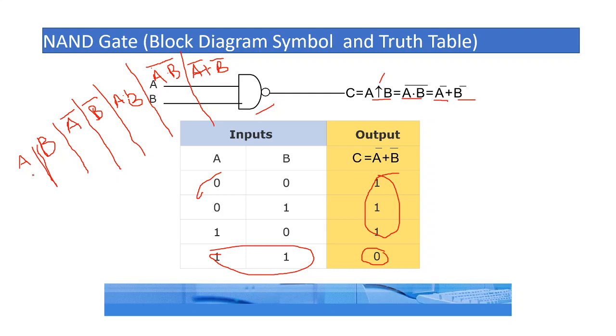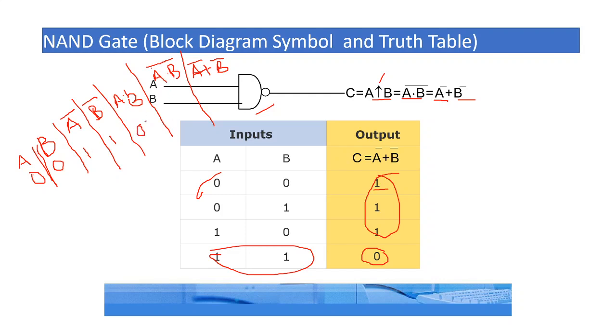Suppose A is equal to 0 and B is equal to 0. So in NAND gate the output must be 1. A bar here is 1 because A is 0, B bar here is 1 because B is 0. A dot B is 0 dot 0, which is equal to 0.